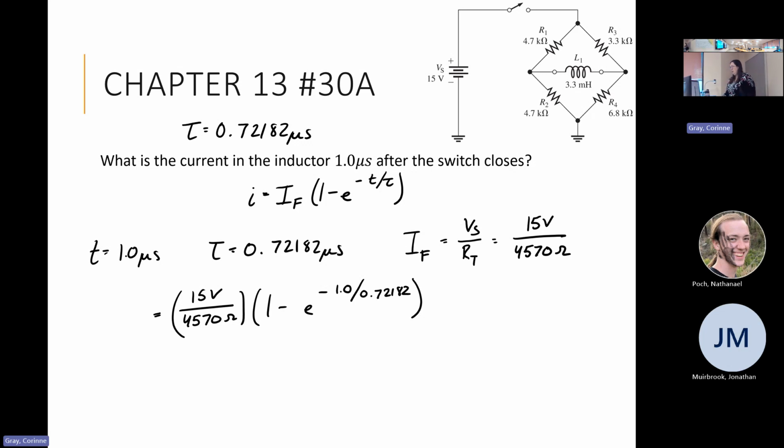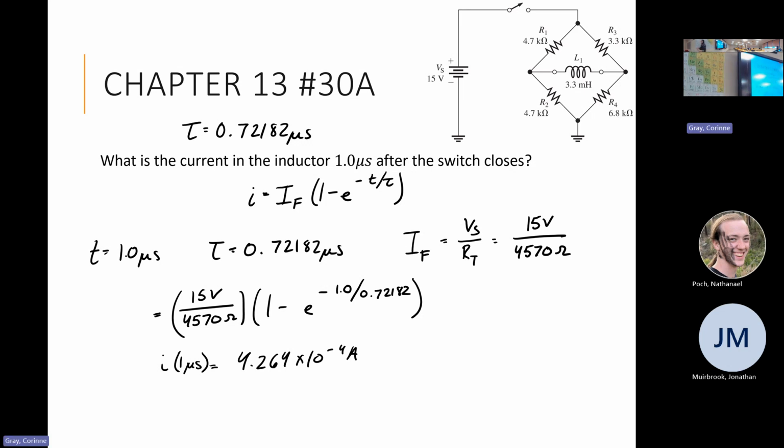So if we go through and do this, I got that the instantaneous current at 1 microsecond was 4.264 times 10 to the negative 4 amps. We can see that represented in a couple of different ways. Sometimes, and this is very textbook dependent, because this is an instantaneous current, again we're using lowercase i for that. Sometimes you'll see after the value in parentheses, the t, so in this case, the 1 microsecond.